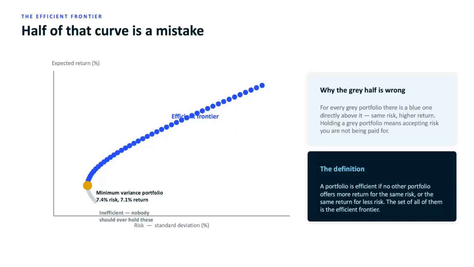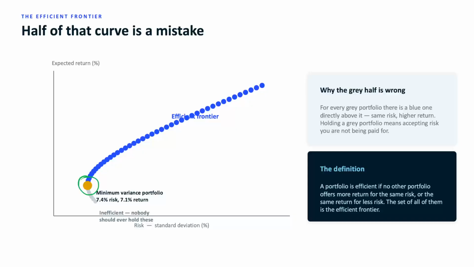You find the leftmost point, the gold dot, and that is where we are here. 7.4% risk, 7.1% return. That is the minimum variance portfolio. Remember this term. Of every possible combination of these two assets, that one has the lowest risk available. You cannot go further left, nothing exists there.